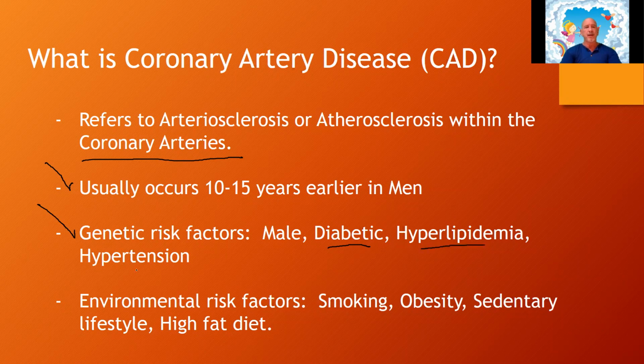High lipid profile and hypertension also have genetic links. If your father and your brother have high blood pressure, you probably will have high blood pressure. And it will be also difficult for you to keep your lipid levels down as well. So these are all genetic factors. But then there's also environmental factors like we just talked about: smoking, obesity, sedentary lifestyle, high fat diet. And there's that diet again.